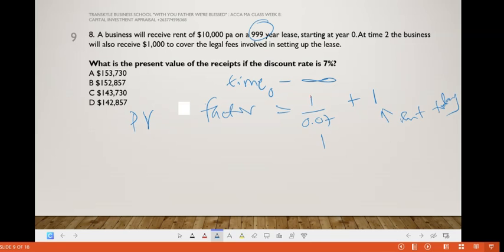This part is the ordinary perpetuity factor, but the rent is also going to be received today, so this is rent in advance, or income in advance. This is how we modify the PV factor.